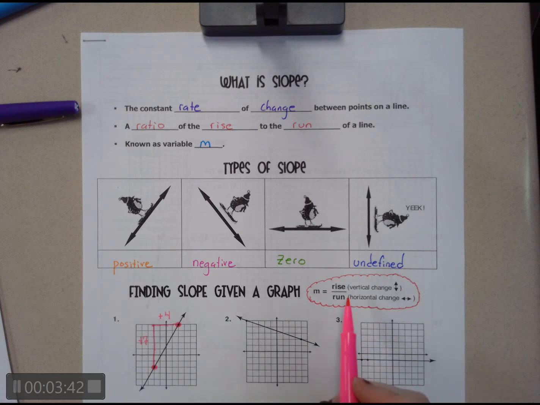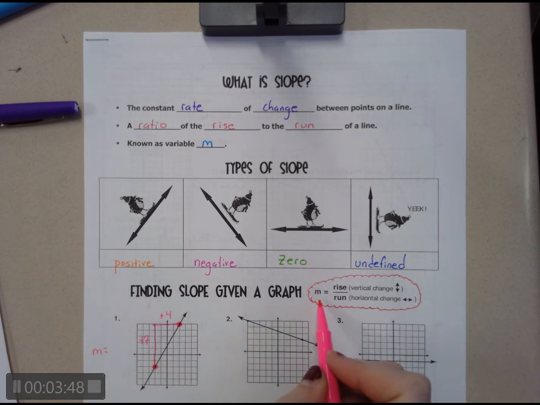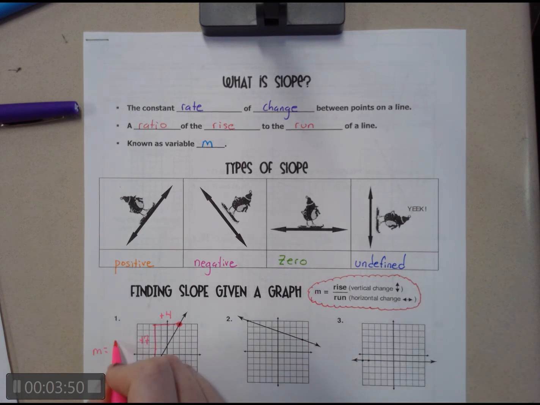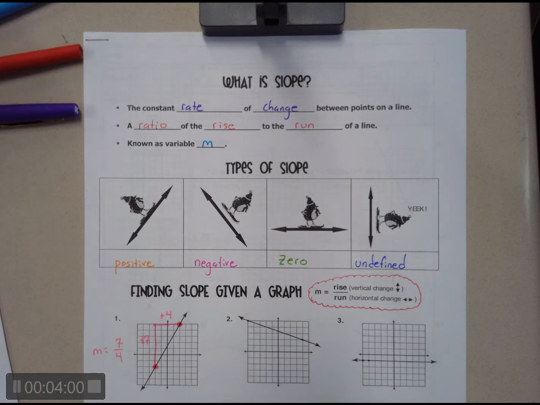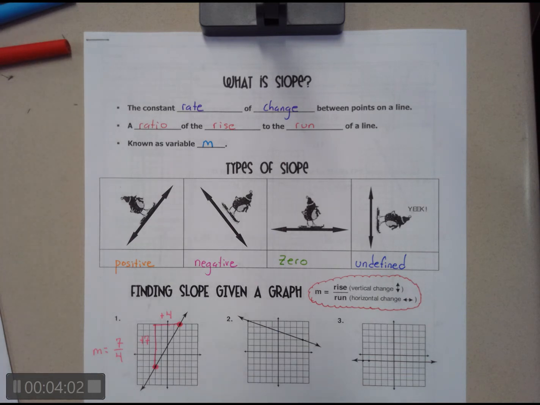Alright. And since it is my rise over my run, my slope, which is m, because it told me so right here, is going to be 7 over 4. And I want you to leave things as an improper fraction, just because it's easier to tell when we're going to start graphing slope as to what our slope is going to be.